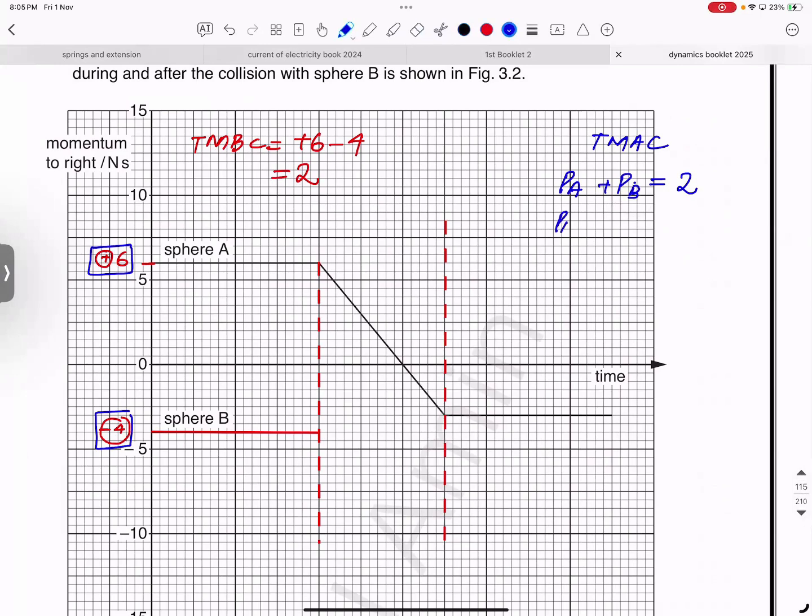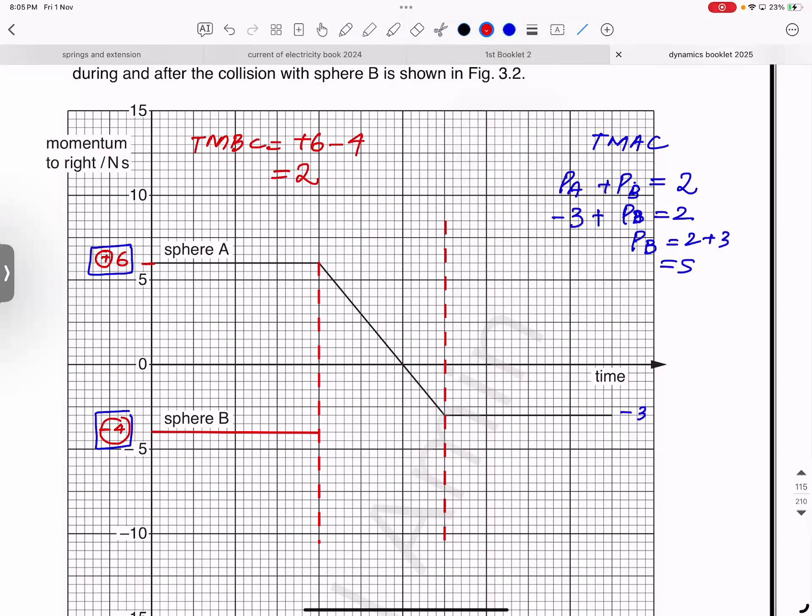Momentum of A, I don't know. But momentum of B, I know it is now negative. No, this is A actually. A, I know, which is negative 0.3, yeah? Is this negative 0.3? The A, yeah? Plus B, I don't know, is equal to 2. So final momentum of B will be 2 plus 3, which is 5.